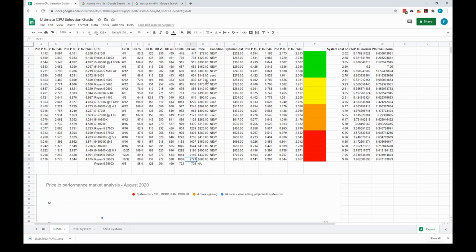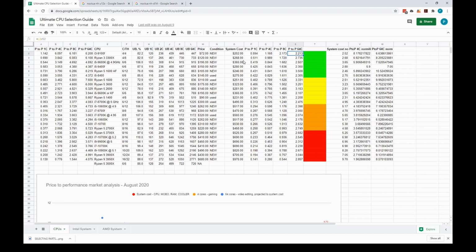You get these prices, and then I also have system cost here, which is the price of the processor plus the price of the system. I also created these coefficients. This is P2P, which stands for price to performance. I calculate price to performance for each processor, for 1 core, for 4 cores, for 8 cores, for 64 cores.